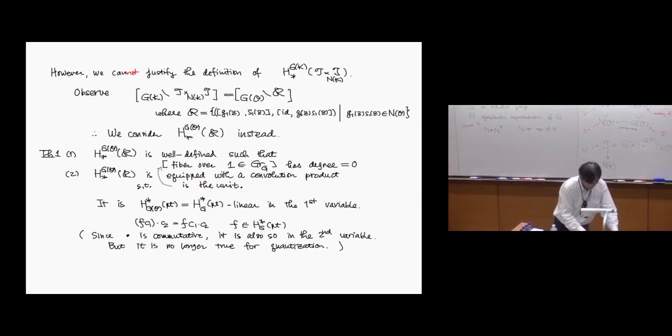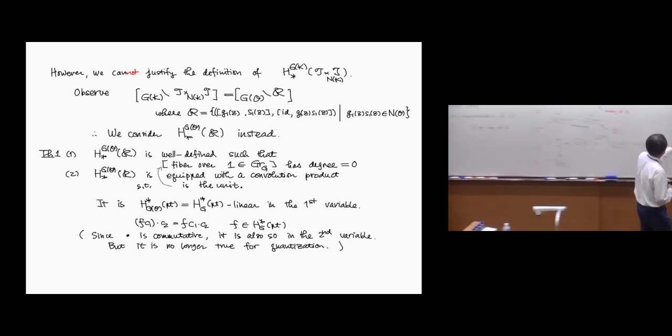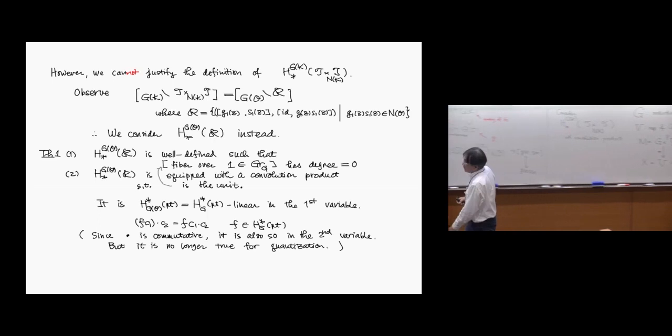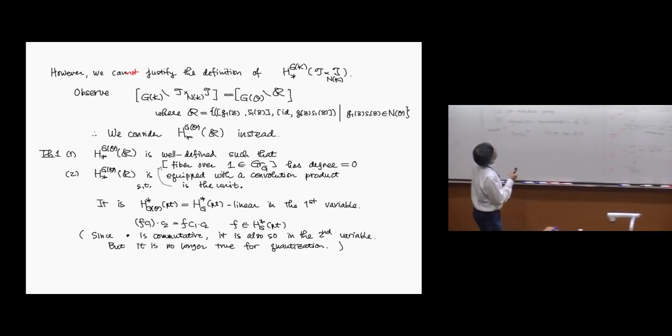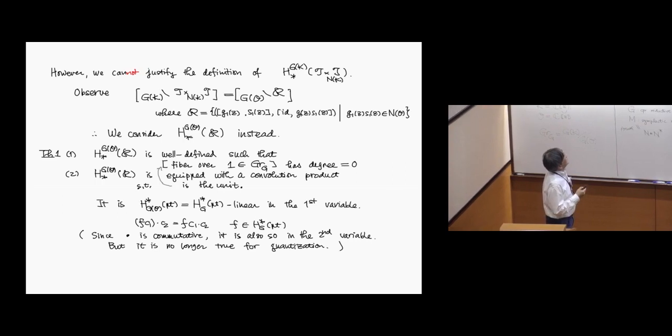But instead of this ill-defined object, you can consider G of O-equivariant homology of this space, right-hand side.